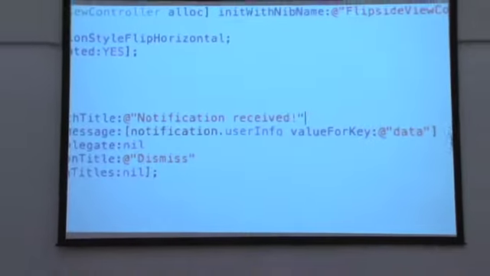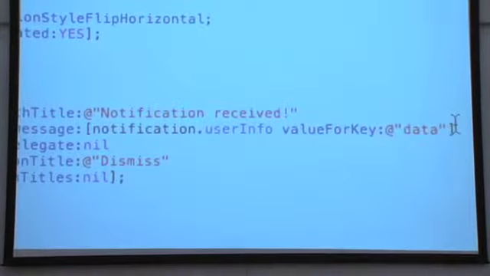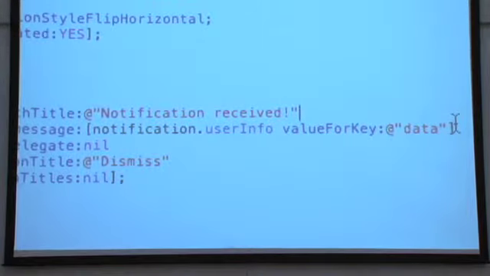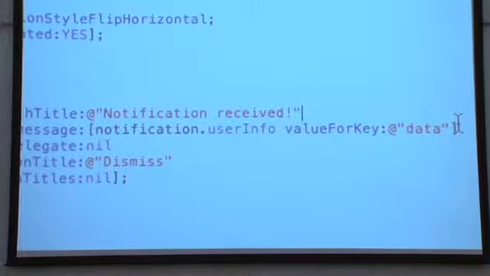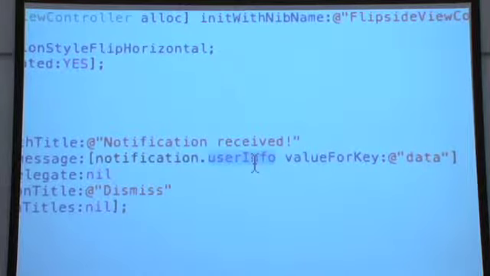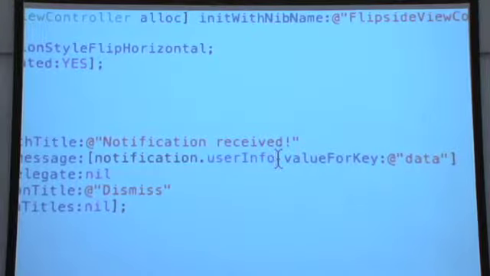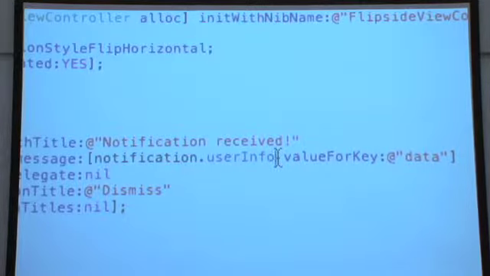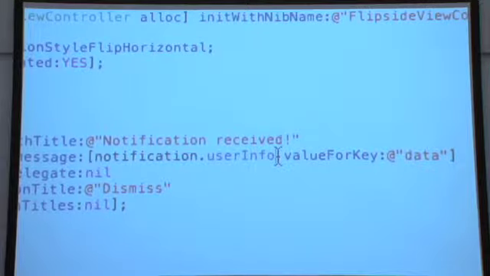So what I want to be inside of the alert is going to be what's passed to me inside of the notification. So every notification, this NS notification object, has a property called user info, which is a little strangely named. But all this is an NS dictionary, so it can contain as many key value pairs as you want, that is passed along with that message.